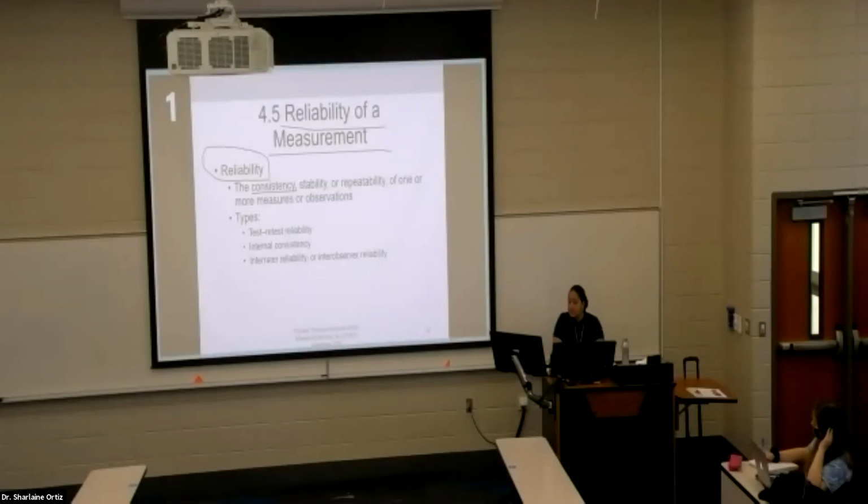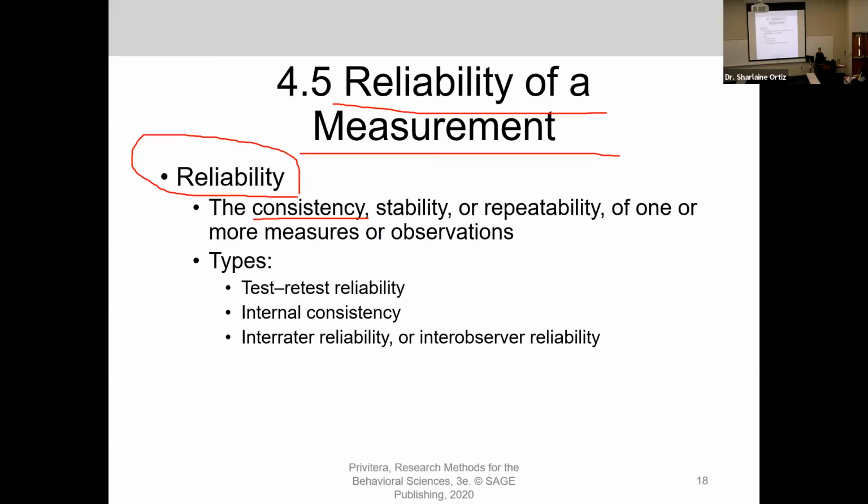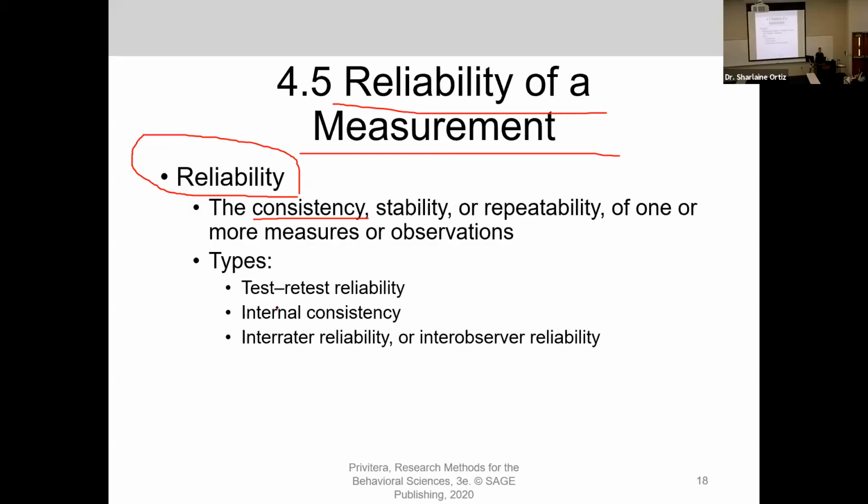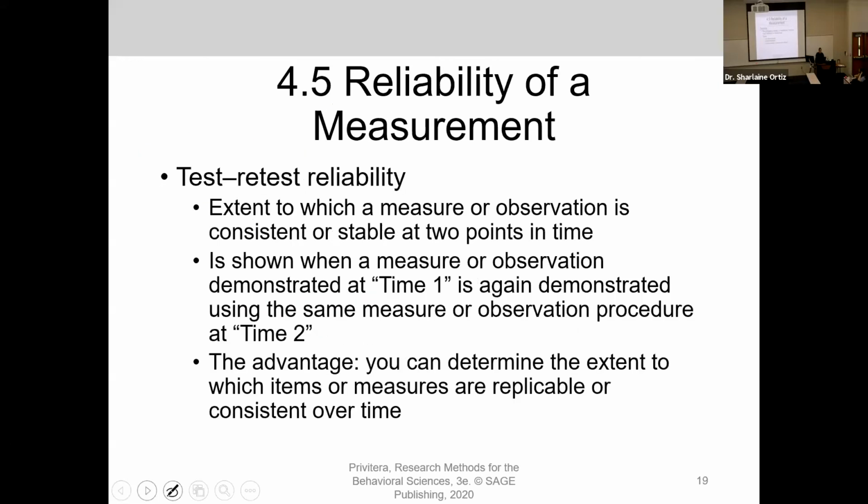There are different types of measures for reliability. One of them is test-retest reliability. What is that? This is when the measurement remains consistent over 2 different points in time.